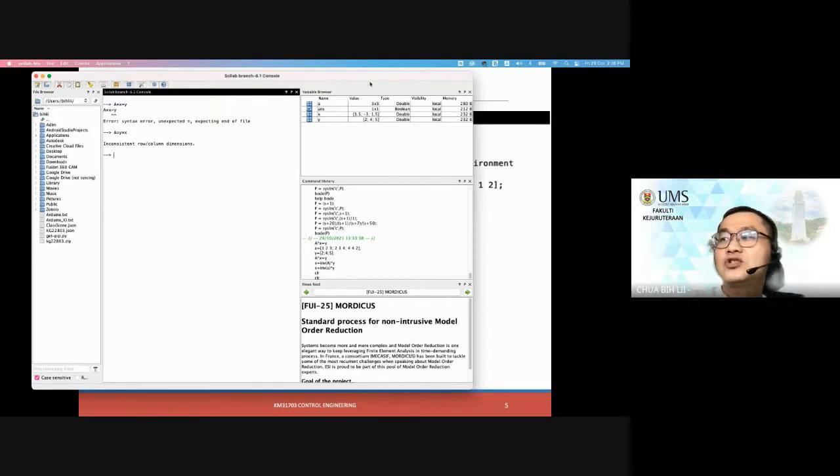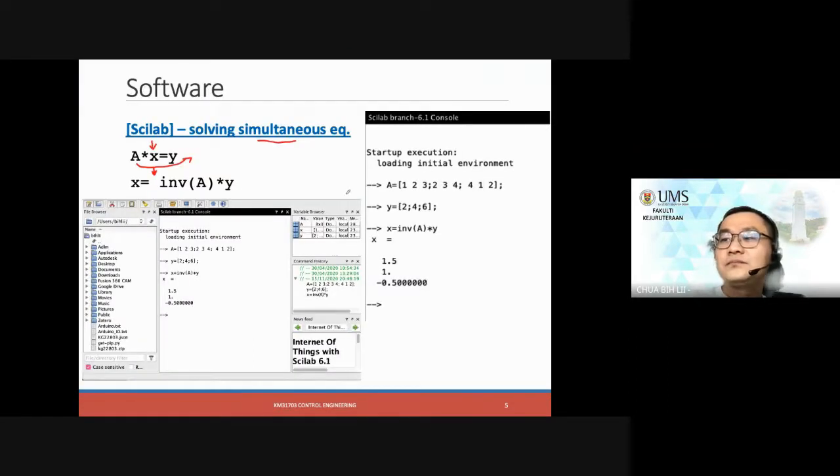So as a start, you may start to define all your A. Probably I would like to define them in matrix form. So let's say my A is a 3 by 3 matrix: 1 2 3, 4 5 6, 6 5 4.